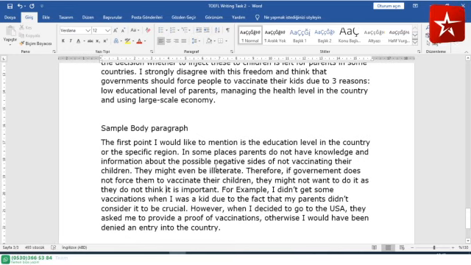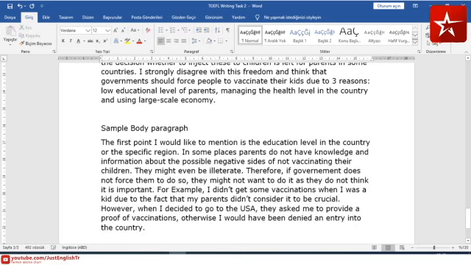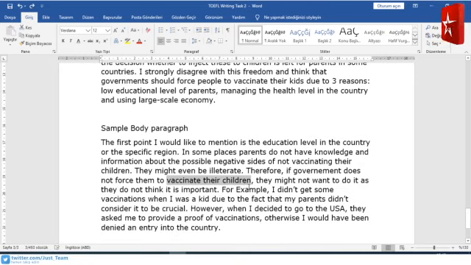This sentence has become very long and I don't really like the structure, so let me change it a little bit. Therefore, if government doesn't force them to do so, they might not want to vaccinate.